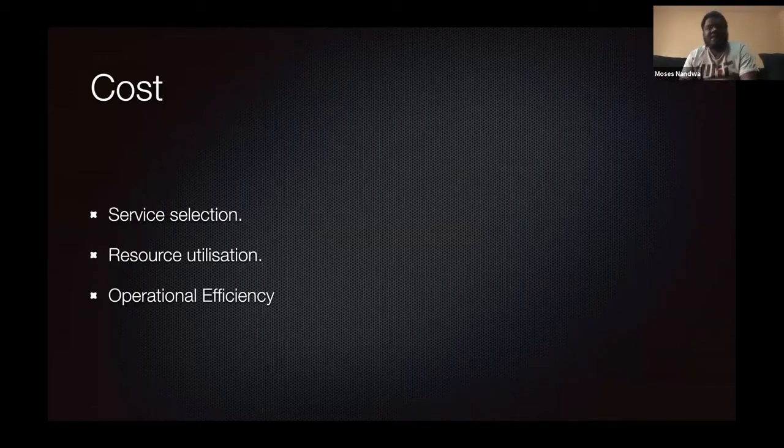So one, your service selection says a lot. If, for example, you're going to select a VM that is a certain size compared to another, that will highly influence the bill that you'll get.